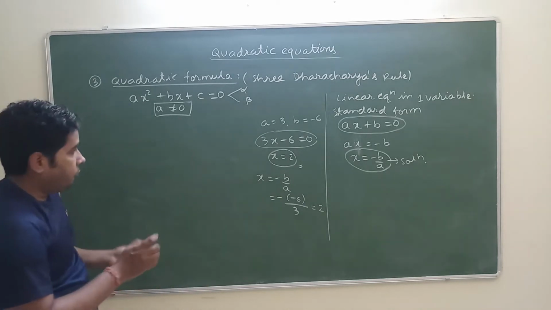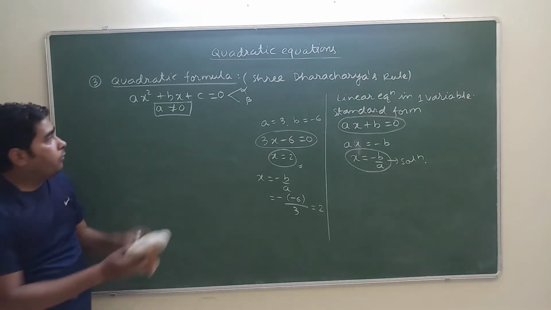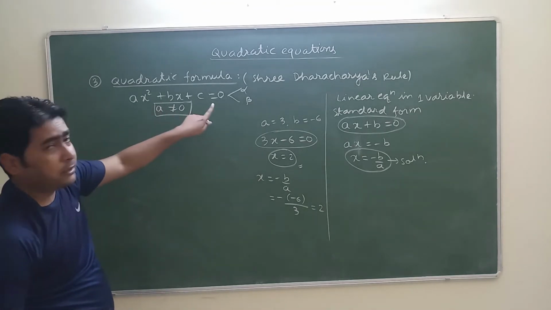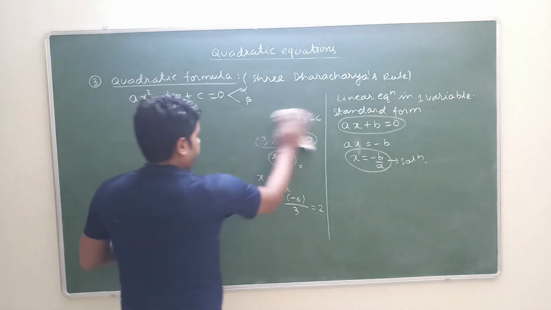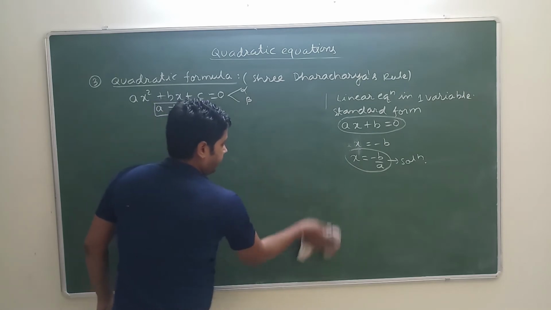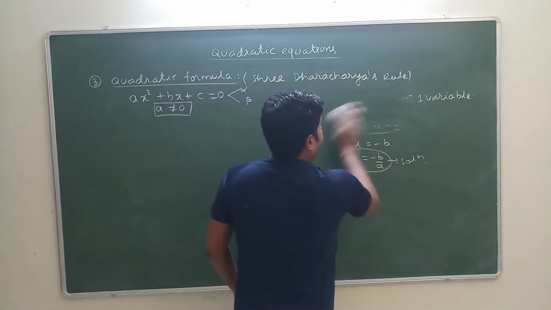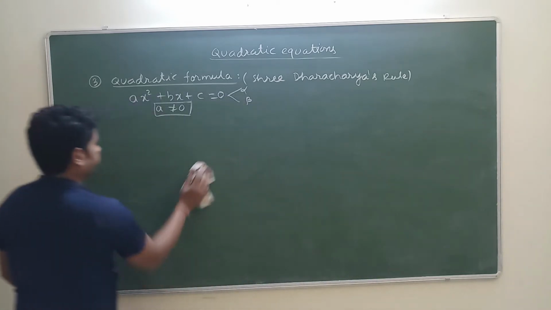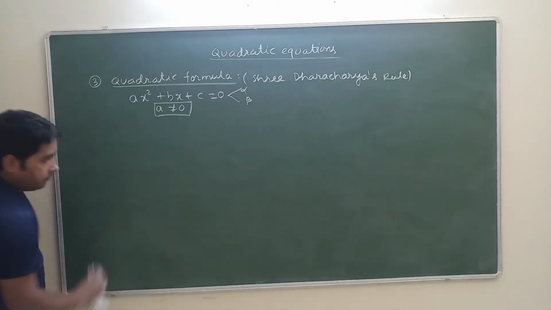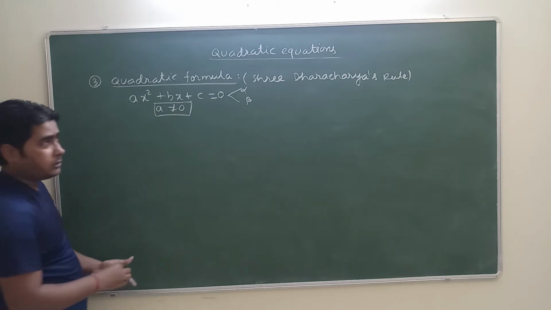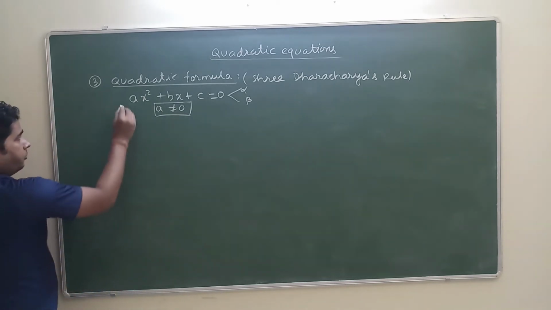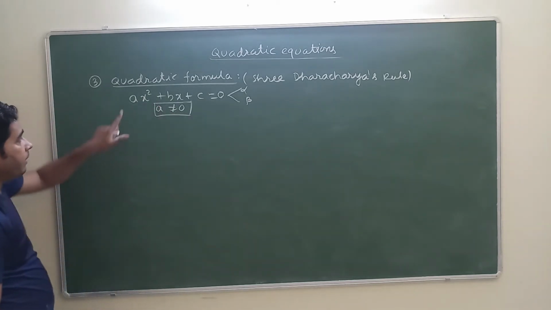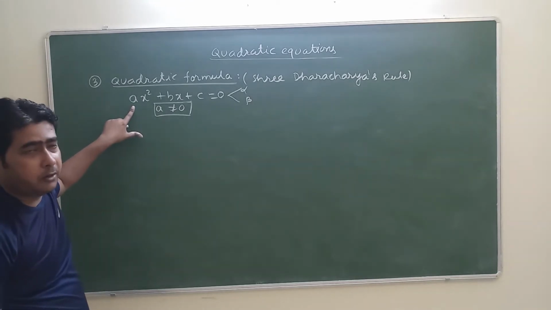So how can we find the value of x from this equation? The method which we will be using will be the completing the square method. We have learned the completing the square method just now. Rule number 1: you have to make the coefficient of x square 1.